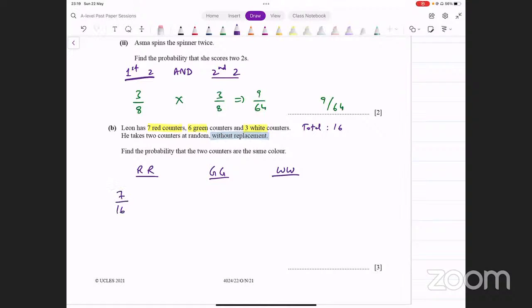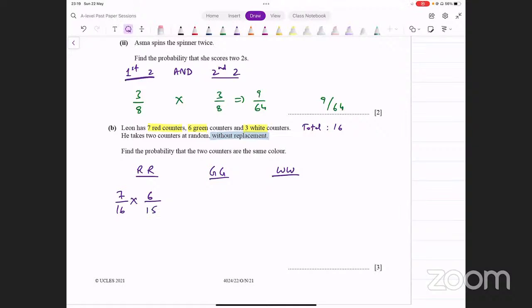Okay, 7 out of 16. That's the probability of getting the red counter the first time. Now, what's the probability of getting a red counter the second time as well? Now, we've got to be a bit careful here. Second time आपकी probability same नहीं रहेगी. क्यों? क्योंकि this is without replacement. तो एक red counter तो आपने निकाल लिया. बाकी कितने बचे? 6. Out of how many? 16 total थे पहले. अब 15 रह गए. So this is going to be 6/15 now.